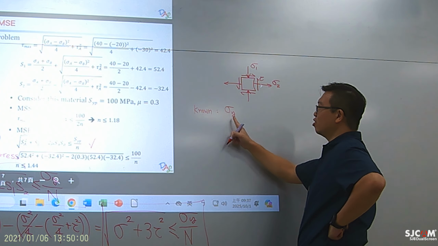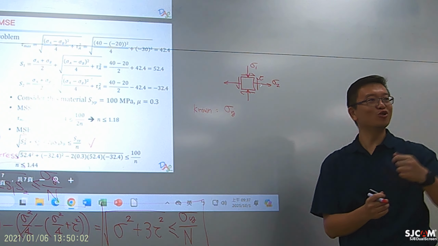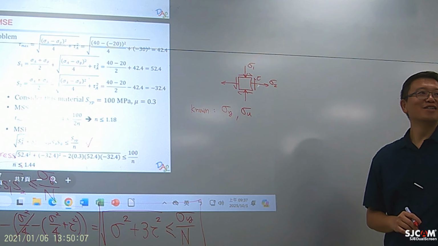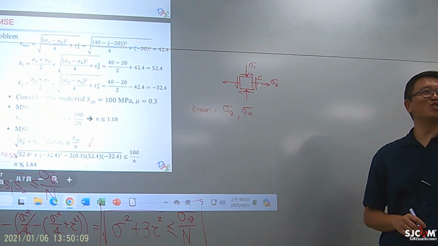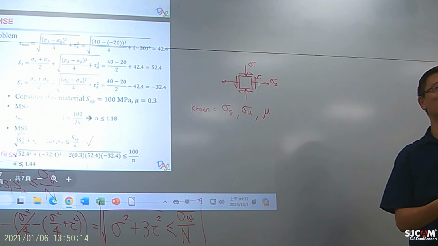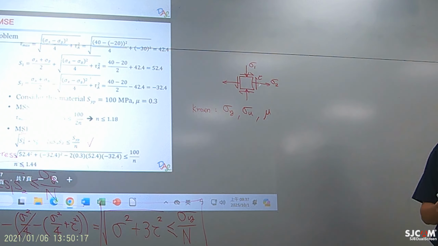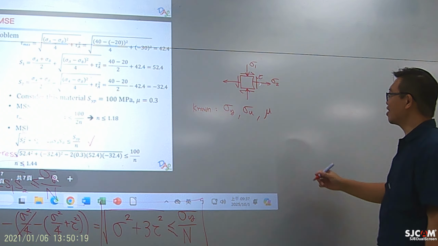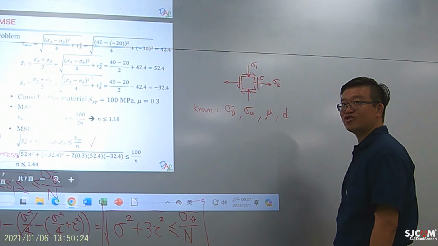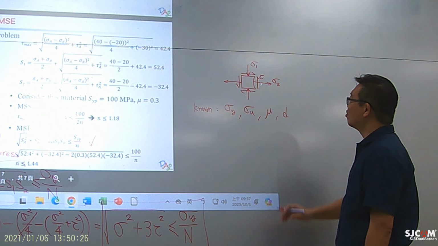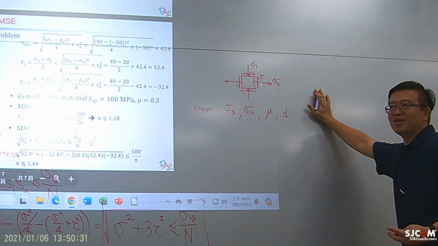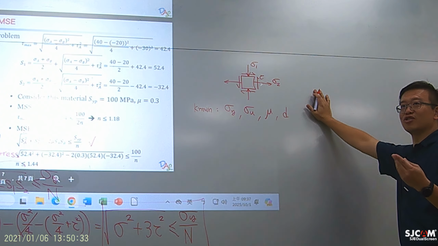I can tell you the yielding strength, and I can fool you by telling you ultimate tensile strength. So I can give you some number you don't need to use. And I can also give you Poisson's ratio. You may only use it for the maximum strain energy model. And I can tell you the diameter of the shaft. But when I make a drawing like this, it's not necessarily for a shaft.